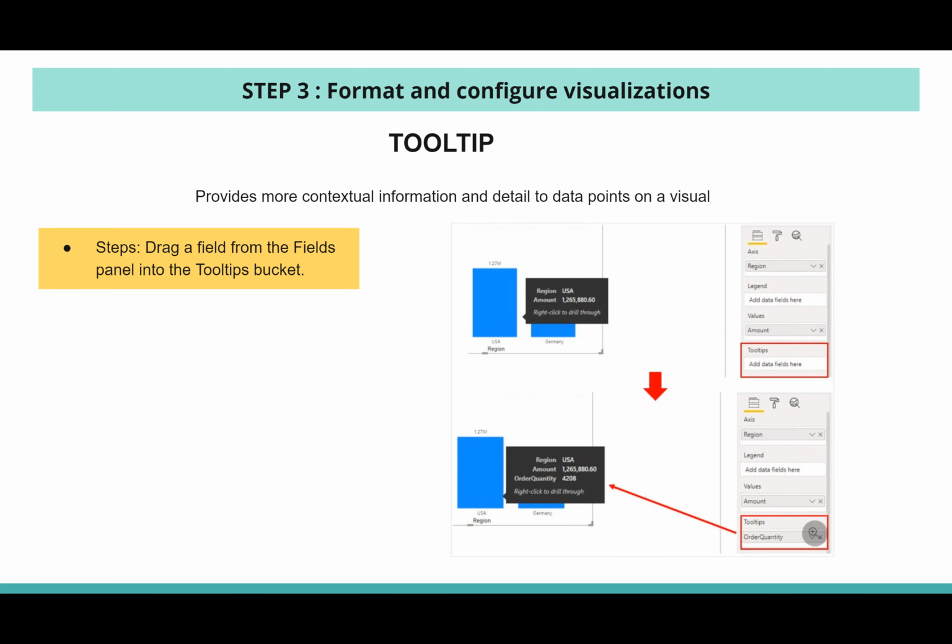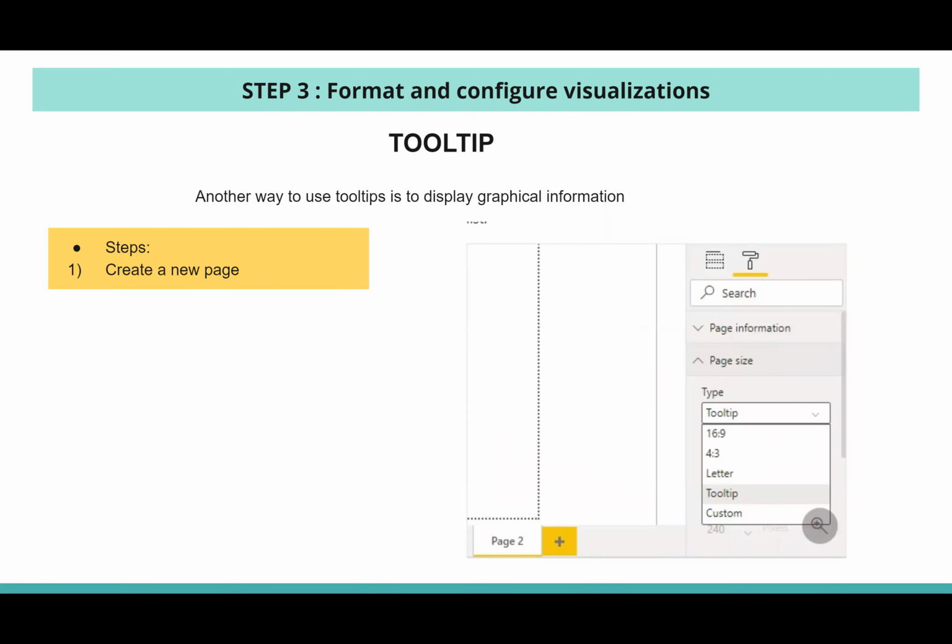The next interesting way is that, other than putting information, you could also put another visual inside the tooltips. But this one takes a lot more effort, since there are a lot more steps compared to the previous one.